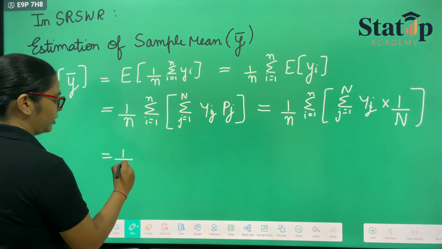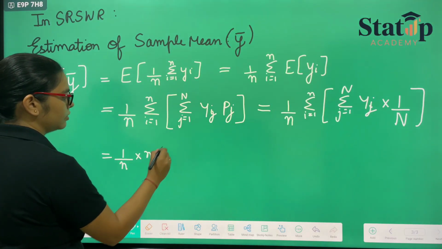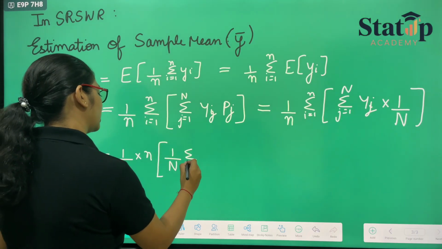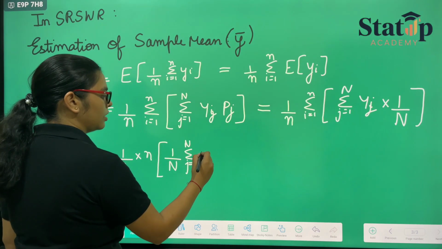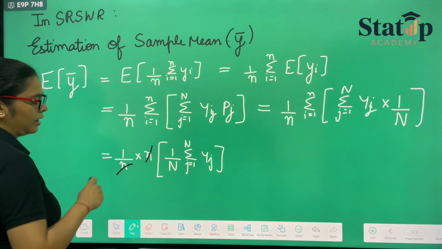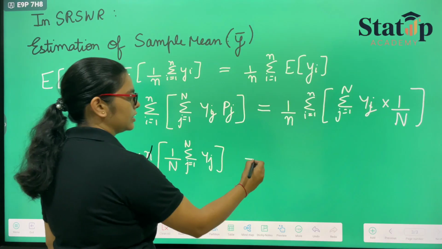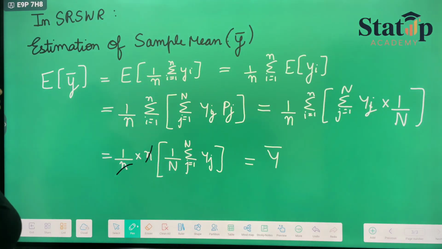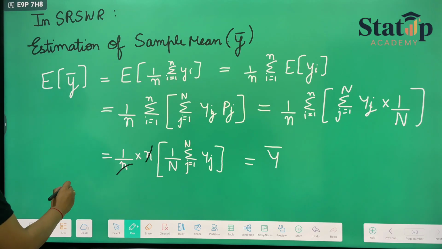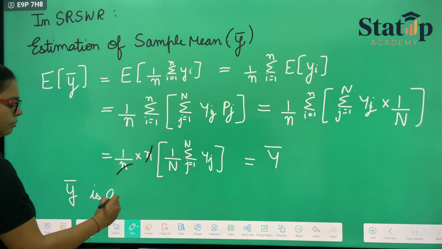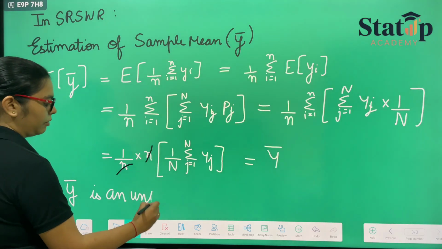So it will be 1 upon n into n, 1 upon capital N, summation j goes from 1 to capital N, yj. These n and n get cancelled and we are left with this. It is nothing but capital Y bar. So y bar, sample mean, is an unbiased estimator of population mean.